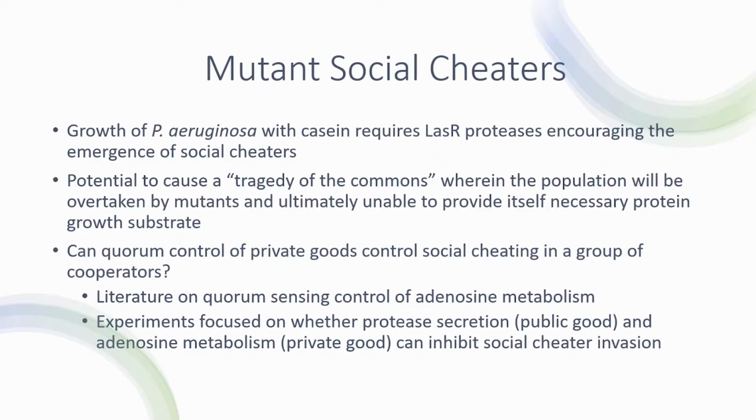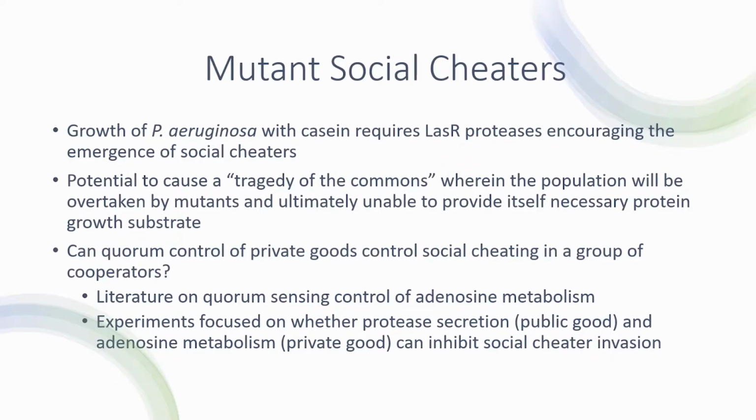This emergence of social cheating, or emergence of mutants in a community, has the potential to cause a tragedy of the commons, where the population gets so overtaken by mutants and cheaters that it's ultimately unable to provide for itself. So if we think back a little bit to what social cheaters are, they don't produce these proteases to share with their community, they only uptake it.